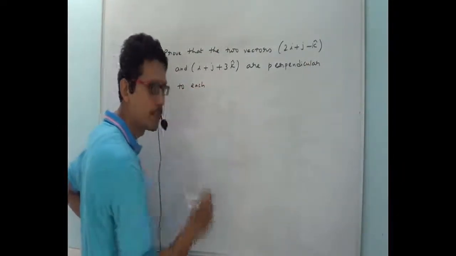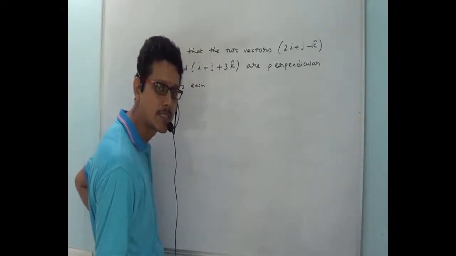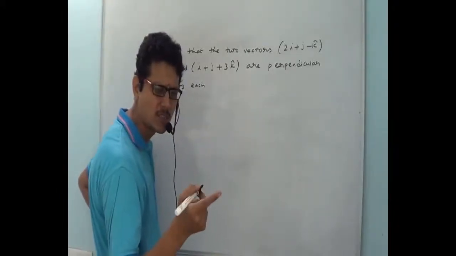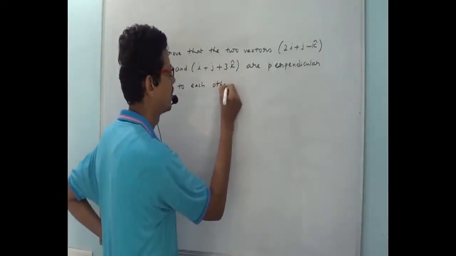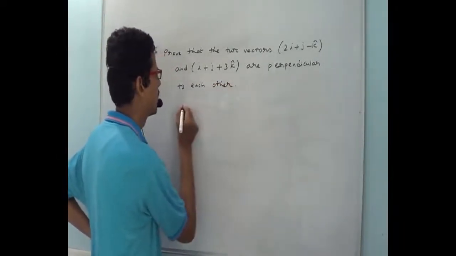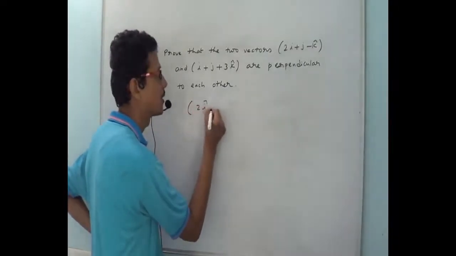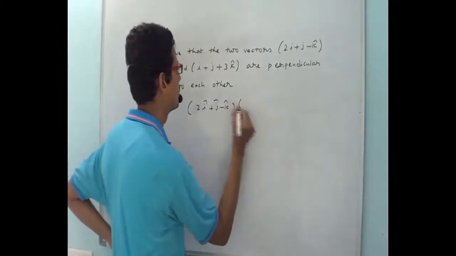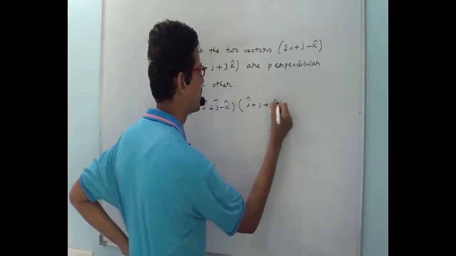See the dot product between them. If the dot product is 0, theta is 90 degrees. AB cos theta, na? Cos theta is 0, then theta is 90 degrees to each other. Okay, so let us do the dot product. 2i plus j minus k dot i plus j plus 3k.